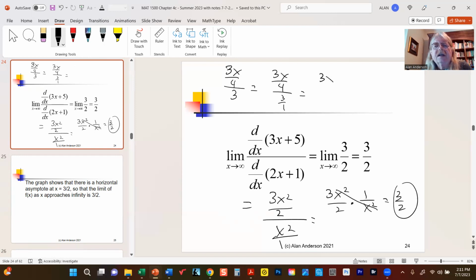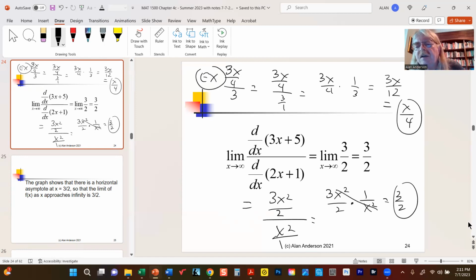And now I can rewrite that as, instead of divided by 3 over 1, times 1/3, and I end up with 3x over 12 or x over 4. All right, so we end up with 3 halves.